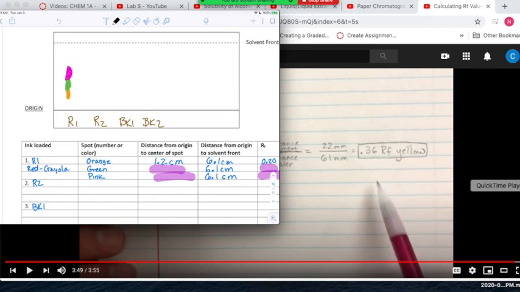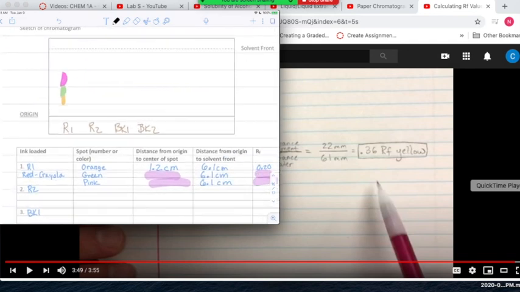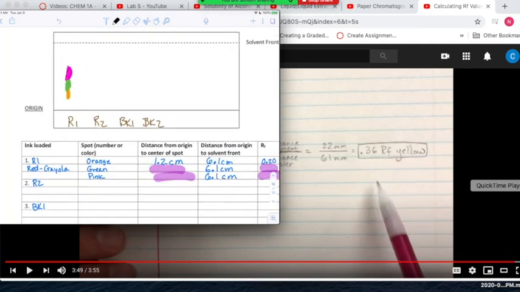And as he mentioned, we normally do go for the center of the spot, so like right here. So you would measure this distance, and here I have it measured at about 1.2 centimeters. He used millimeters, but you could easily use centimeters or another measurement as well.